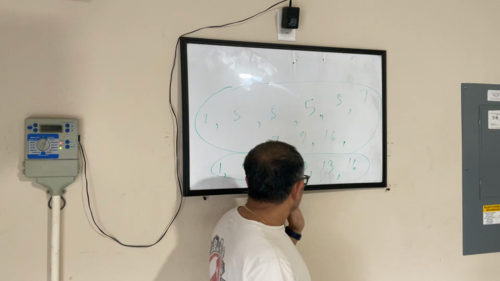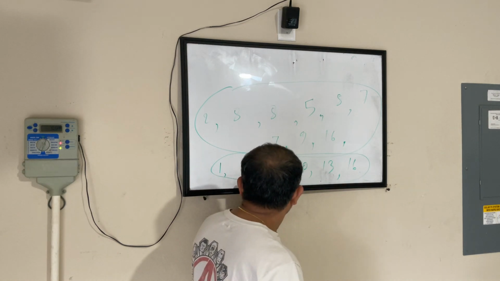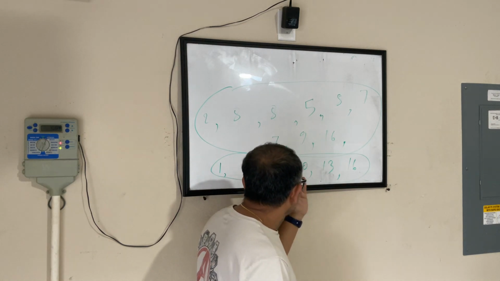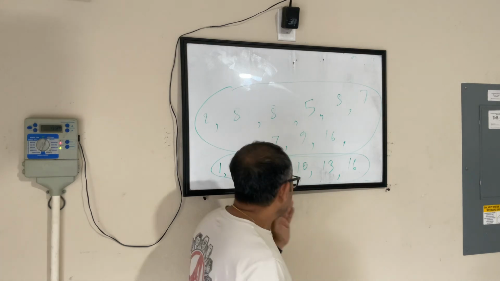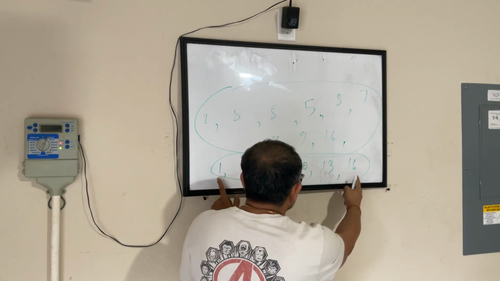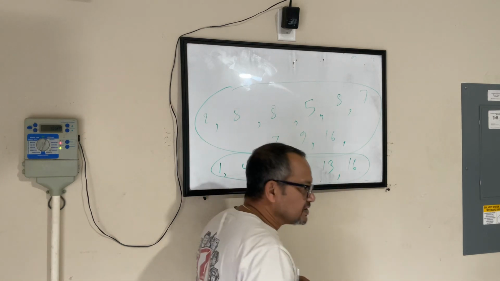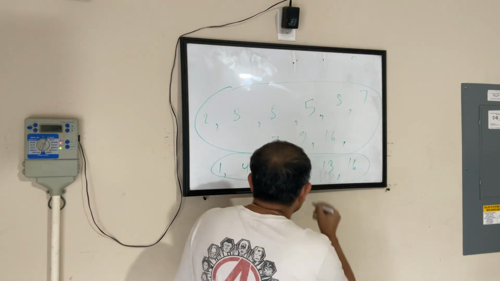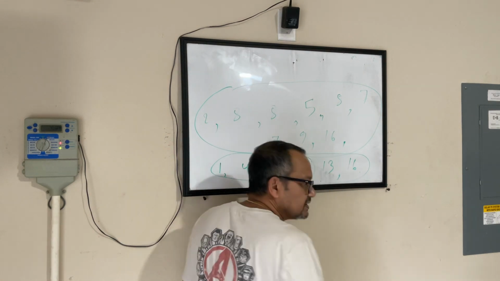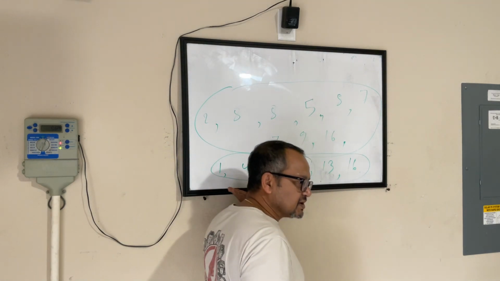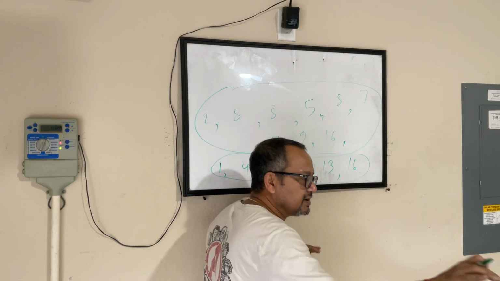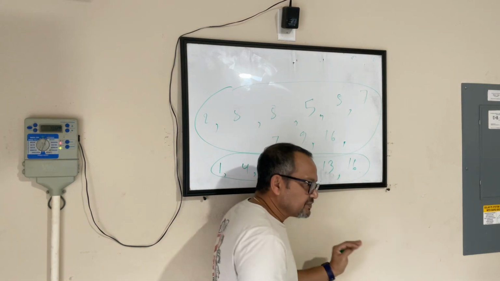Or just by looking at this data, you can see that every number is a difference of 3. And if I have to find out the average of these numbers, you'll say average would be somewhere in the middle, because it's in increasing order, right? So it will be somewhere here.